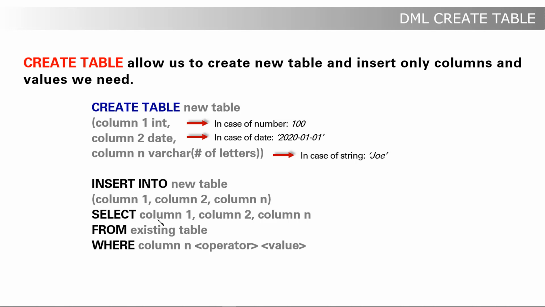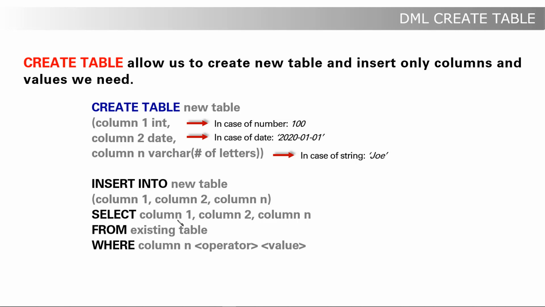And if we want to insert from an existing table, this is the way to do it. We select the existing columns that we already have in another table, column 1, 2, and 3, from the existing table, where the condition. What does the condition mean?